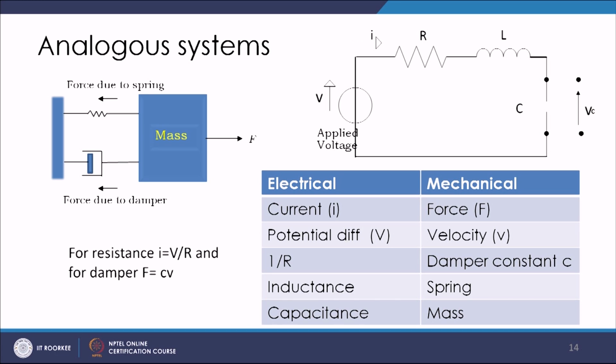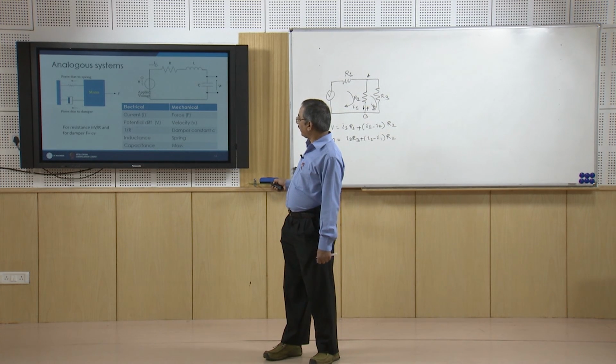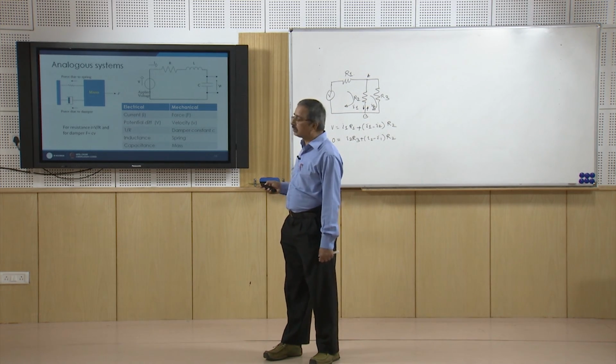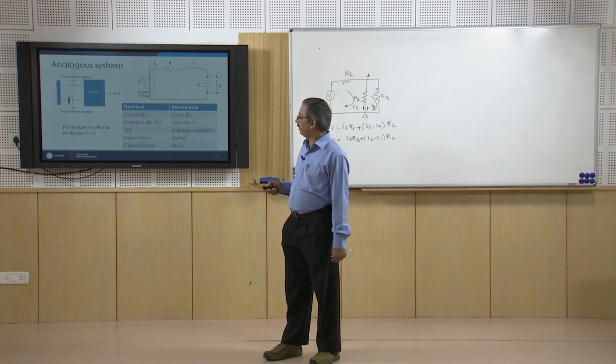Now, if we compare these two expressions, you can see that the force is analogous to the current, voltage is analogous to the velocity, and the damping coefficient is analogous to 1 by R. This way I can build an analogy between the electrical system and the mechanical system. So, the current in the electrical system is analogous to the force in the mechanical system, and this analogy is also known as the current-force analogy.